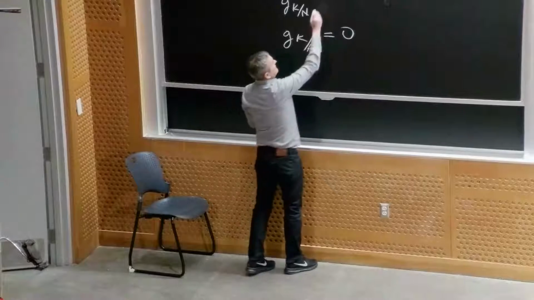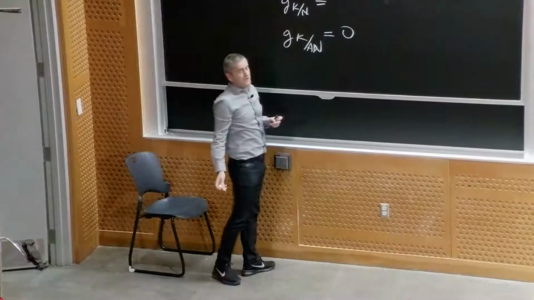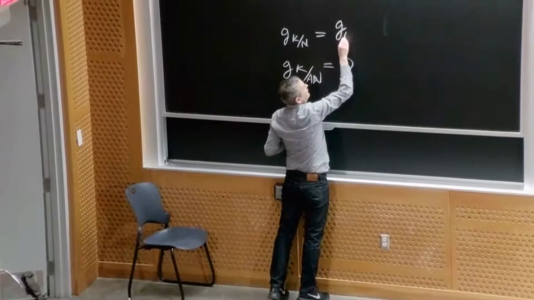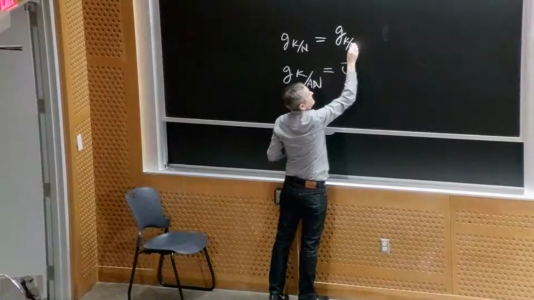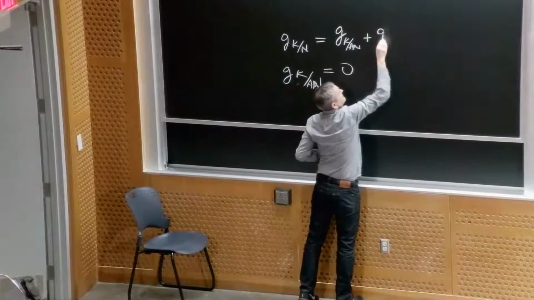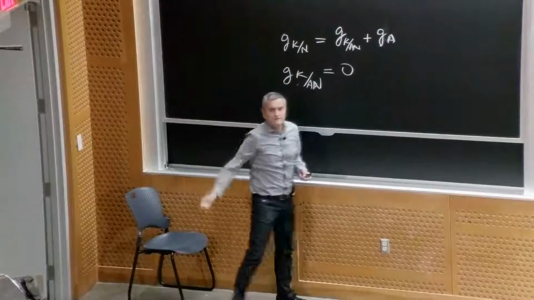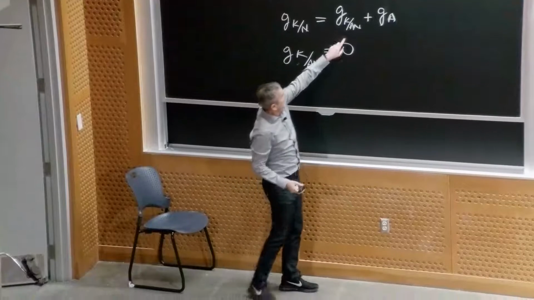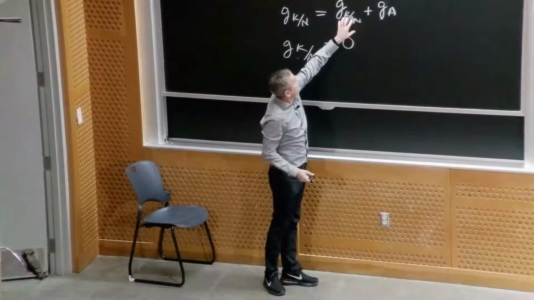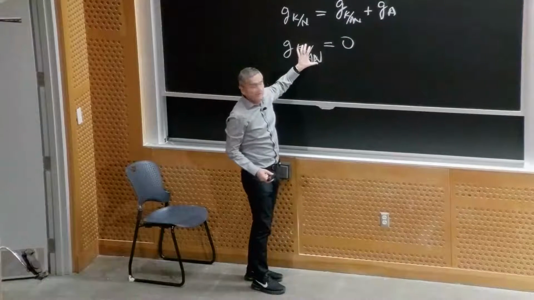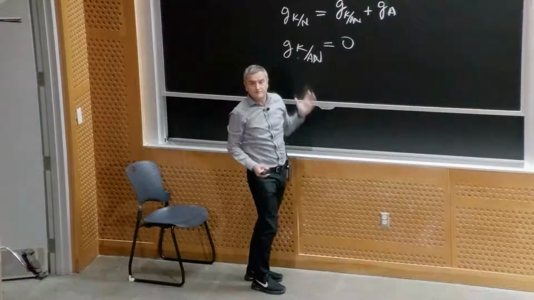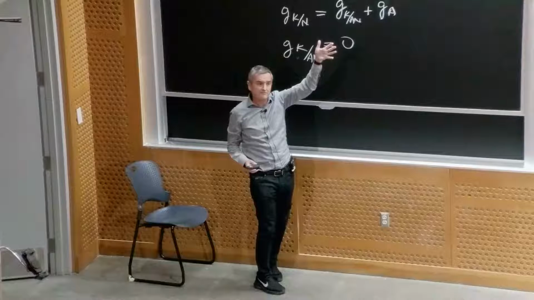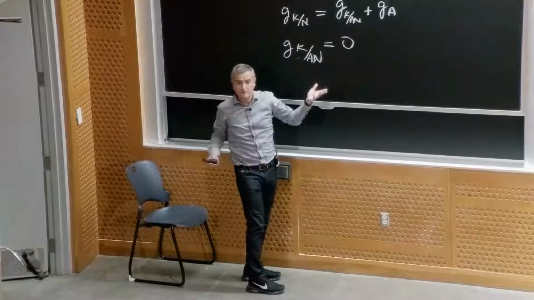Well, the rate of growth of K over N is the rate of growth of K over AN plus the rate of growth of A. If A is growing and this ratio is constant, that means that K over N must be growing at exactly the same rate as A is growing.